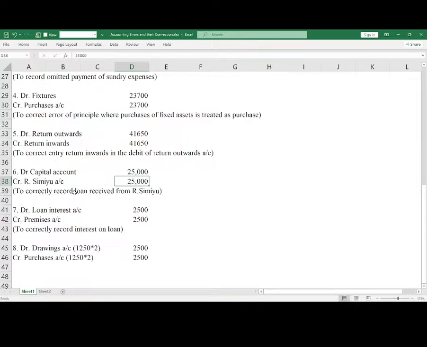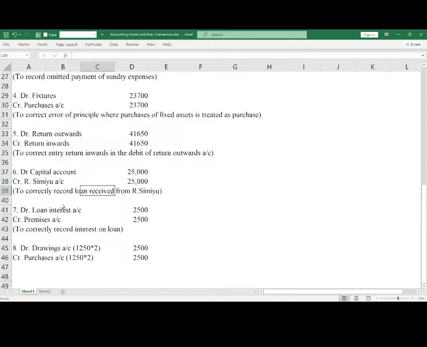So this is to correctly record loan received from SMU. We are going to do that because it had been credited on the side of capital account instead of being debited. Okay, so we have that.